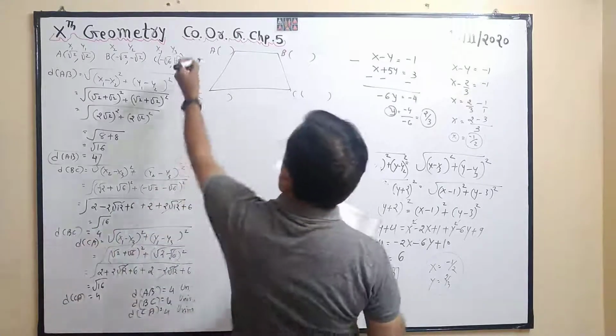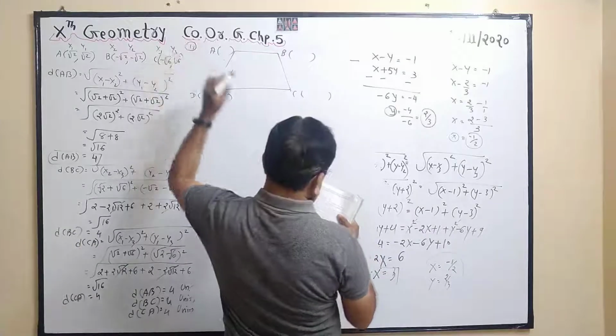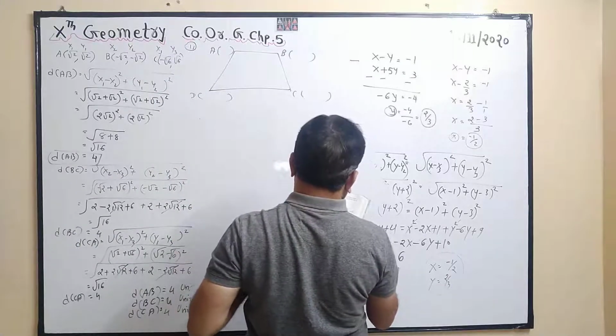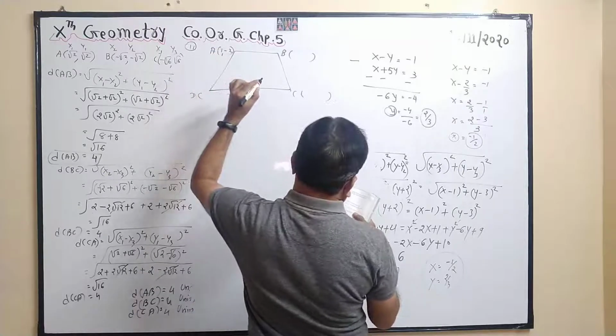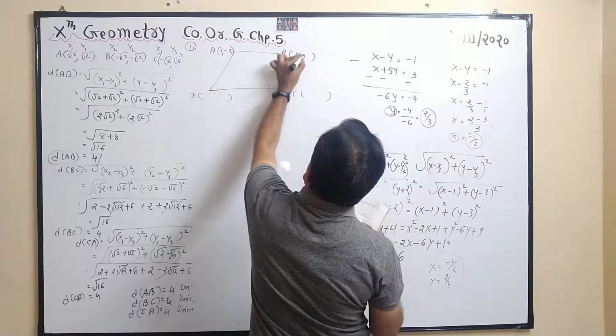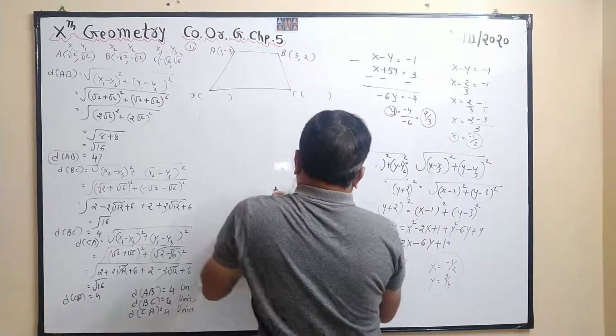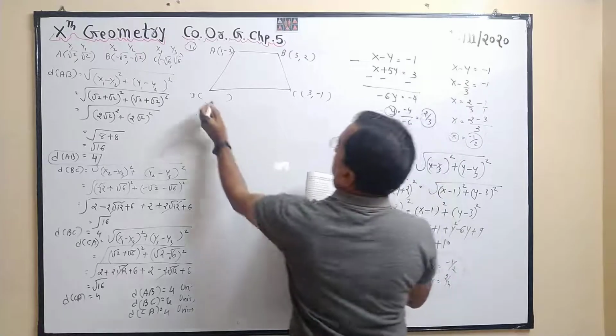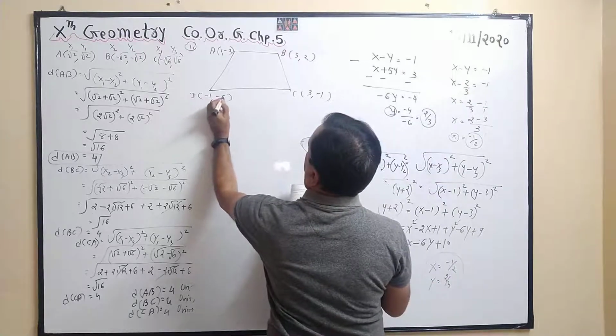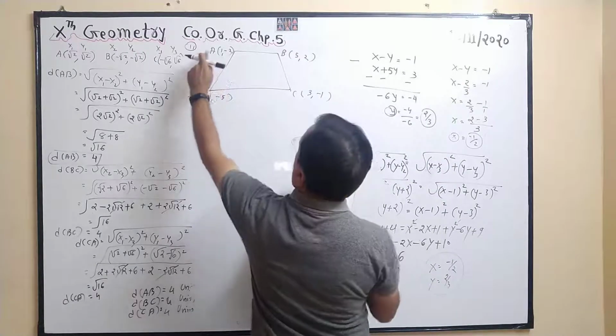Now I am doing the 11th one, correct? 1 minus 2, 5 and 2, 3 and minus 1, minus 1 minus 5. That is given, PQRS, okay.